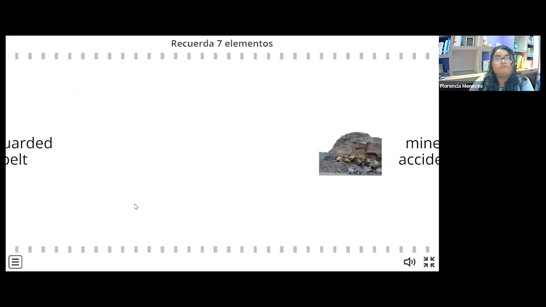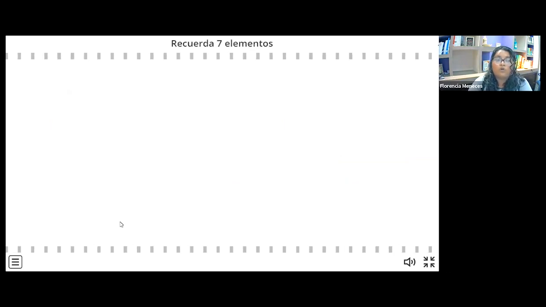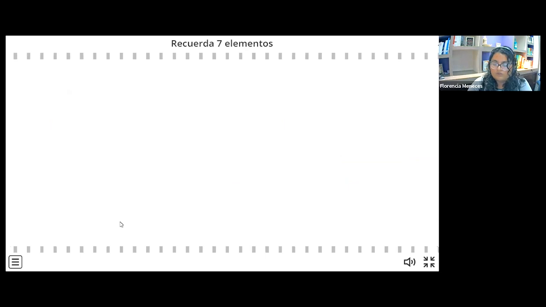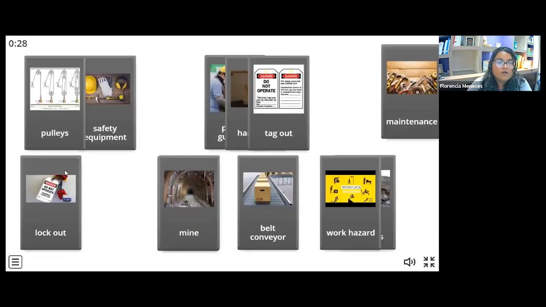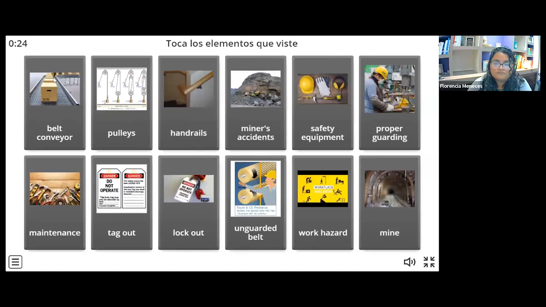Otherwise, if you are working at any other industry, if you have ever used them or worn them, if they are going to be used on your body. Okay. And so let's say, what is a belt conveyor? Do you know what it means? Yes. Una cinta transportadora. Yes.